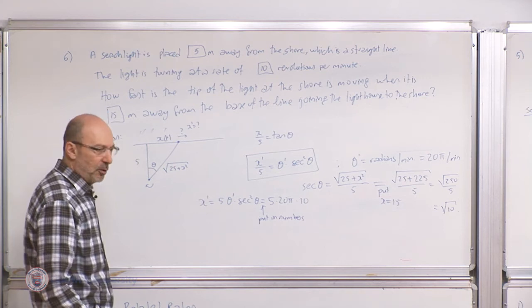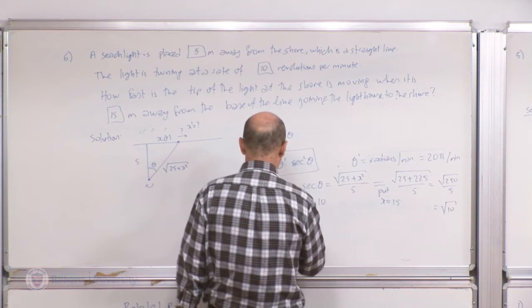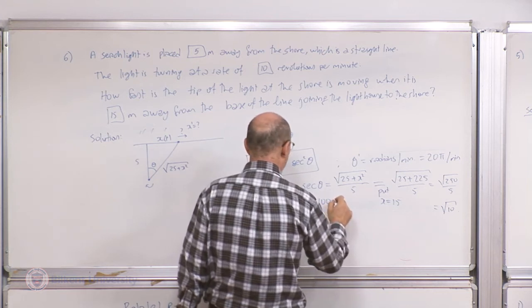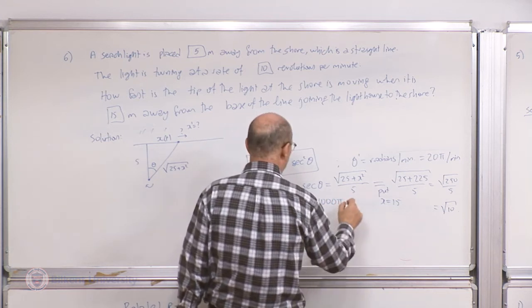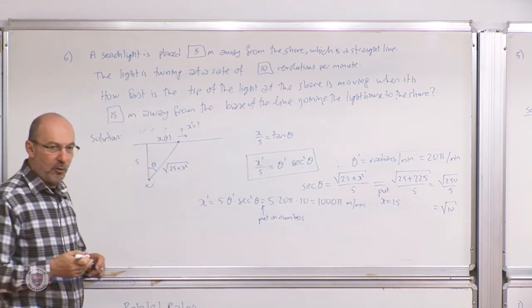So 1000 pi. What is the unit? Meters per minute. So 3 kilometers per minute.